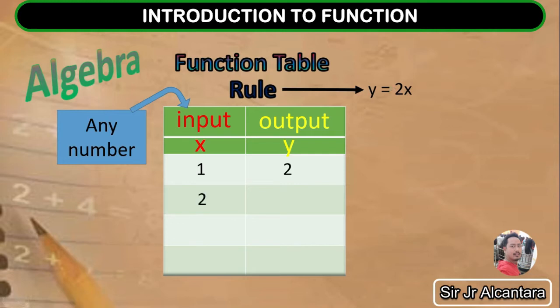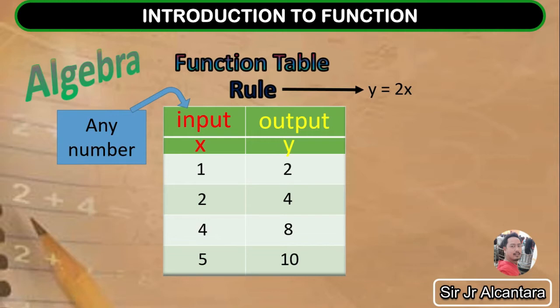So, input ulit natin ng 2. Kapag nag-input ka ng 2, y is equal to 2 times 2, 4. At kapag ang x mo ay 4, y is equal to 2 times 4, 8. At kapag ang x mo ay 5, y is equal to 2 times 5, 10. So, yun yung function table ng algebra.